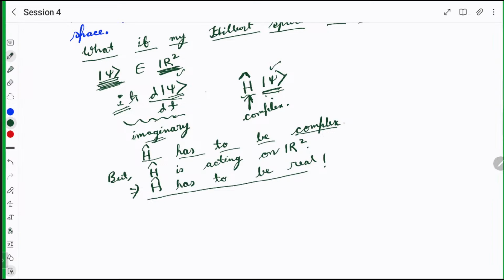If we have a real vector space, then this operator will try to be complex, but any operator on a real vector space has to be real. So if I assume that the Schrodinger equation is correct, then I cannot have a real vector space. I have to have a complex vector space. Is it okay with all of you?